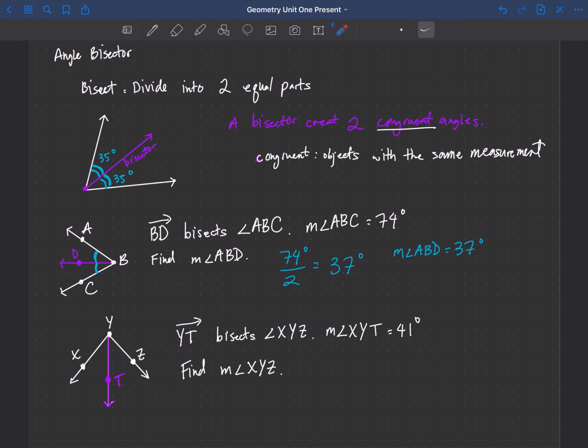YT bisects XYZ. That means we have a bisector, so we will have two equal angles. These are congruent. Let's see what else is given. Measurement of angle XYT is 41.